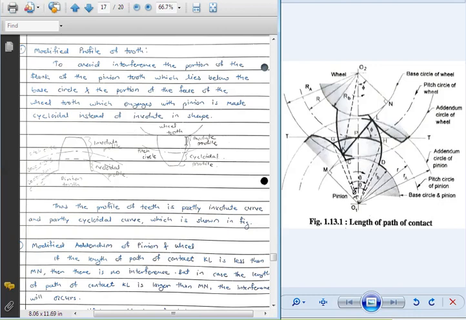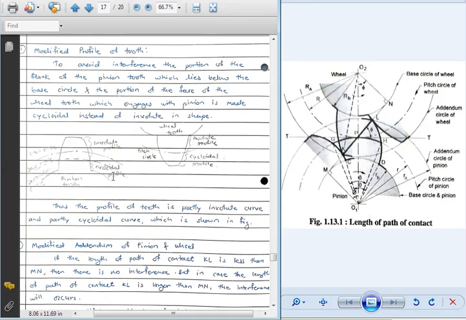So we have to make this profile so that they will match with each other. How? Above the pitch circle of the wheel, we will make the profile a cycloidal profile. This is going to meet with this particular profile. Below this pitch circle, we will make that particular profile cycloidal.